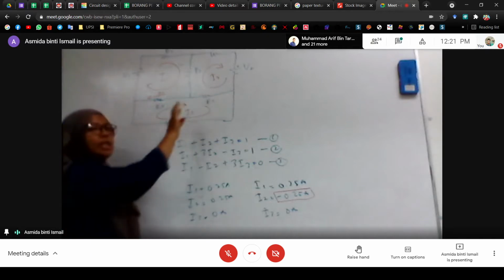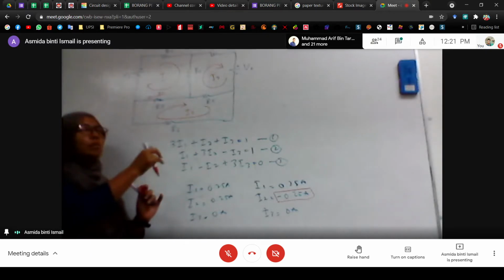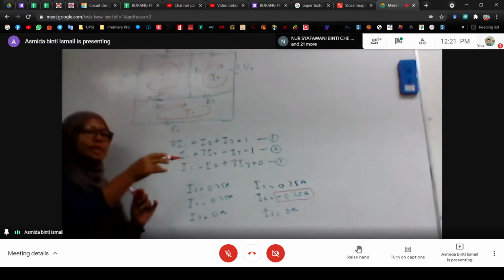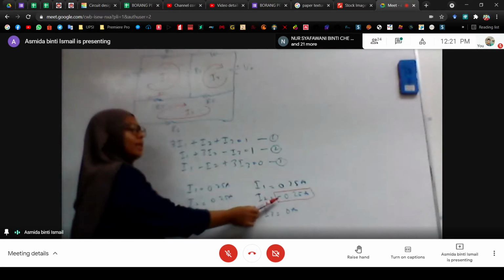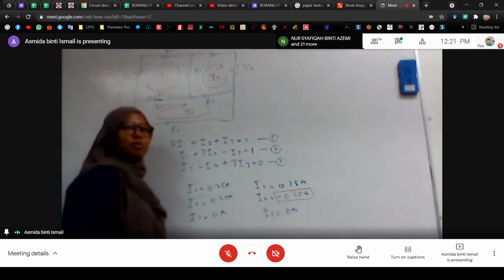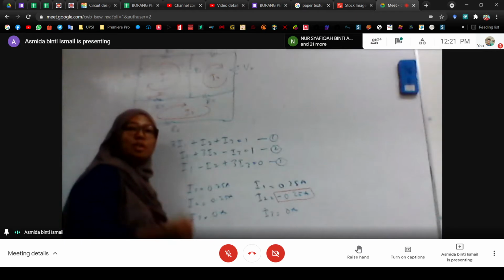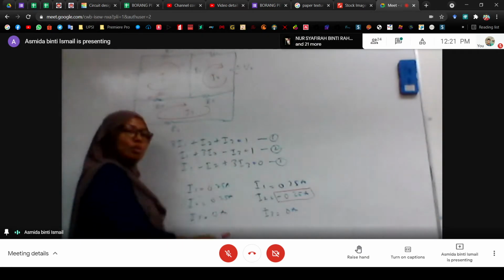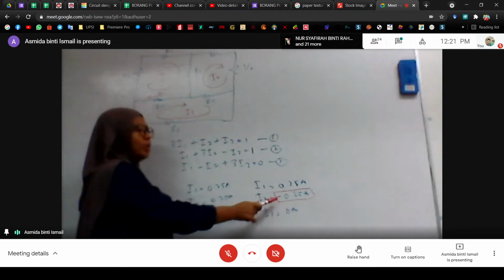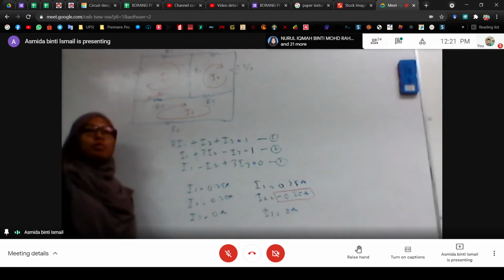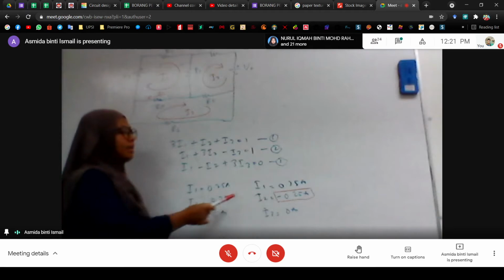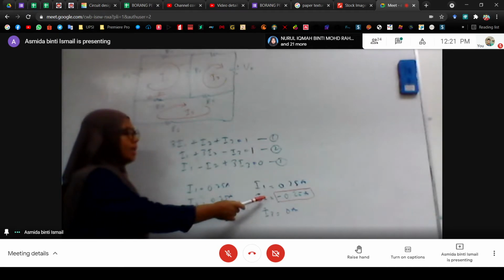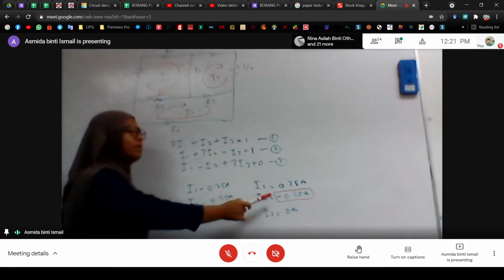Okay, if you change the direction from the clockwise to the anti-clockwise, so you will get the answer of I3 is equal to minus 0.25. Tapi tak sampai nanti you try buat. Terbitkan this equation, and then you buat a solution, you akan dapat I2 is equal to minus 0.25. Yang positive and negative.